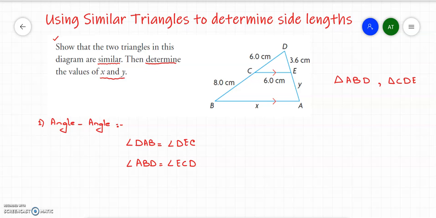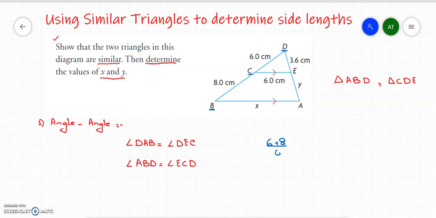When the triangles are similar, their corresponding side length ratios are proportional. So if I take the side length BD, that is 8 centimeters plus 6 centimeters, the corresponding side length in the other triangle is CD, that is 6.